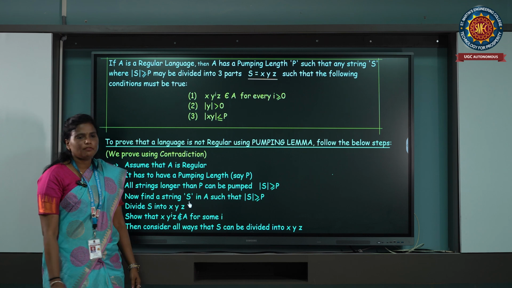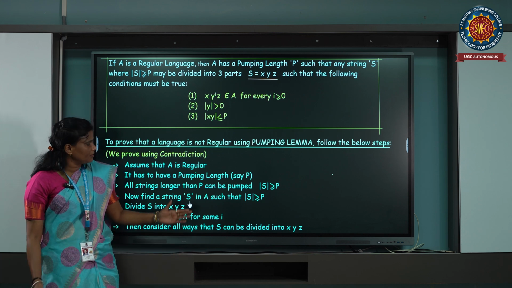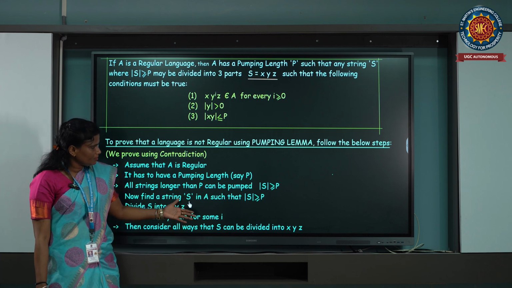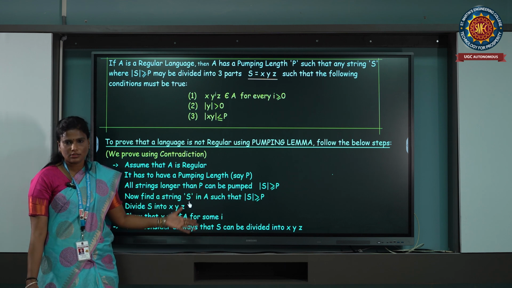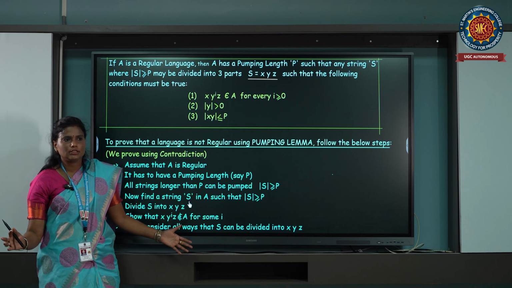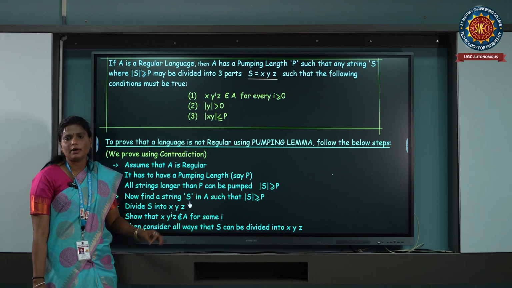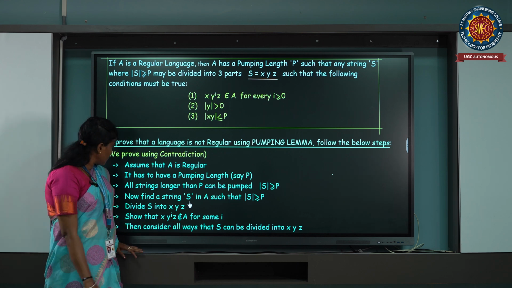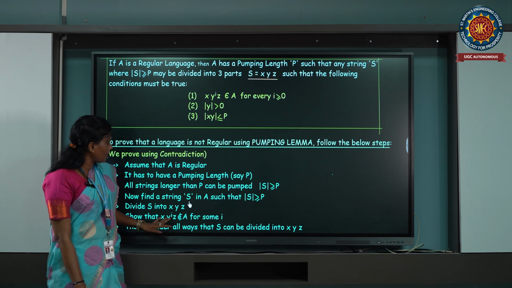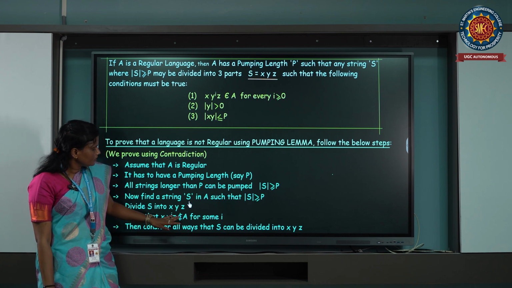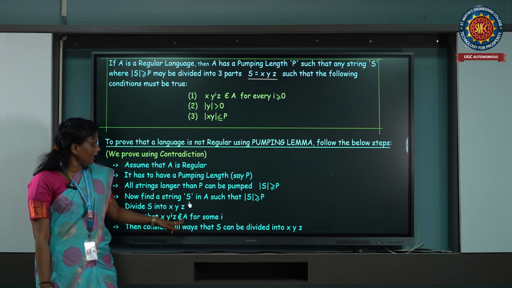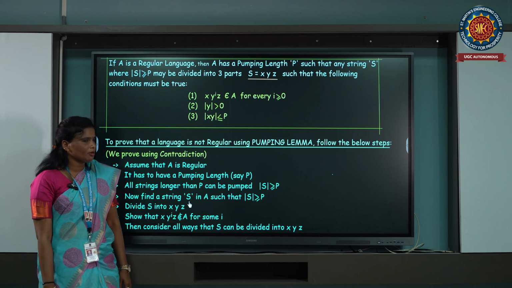Now divide the pumping length in S, whatever the string is, into three parts, that is x, y, z, so that x y to the power i z does not belong to language A for some i.